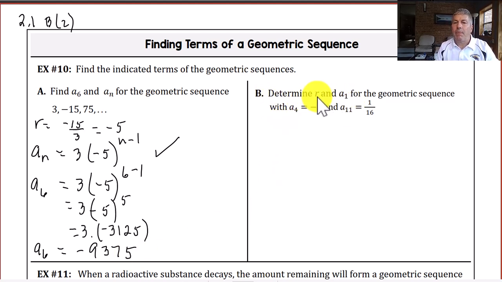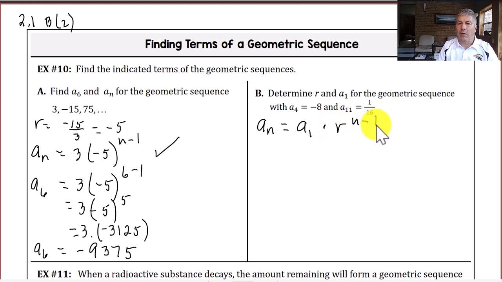Sample B, determine r and a sub 1 for the geometric sequence. They give us a sub 4 is -8 and a sub 11 is 1/16. So this is going to be a little bit more challenging. Let's think about this for a moment. Let's go ahead and write down our general formula. A sub n equals a sub 1 times r to the n minus 1.